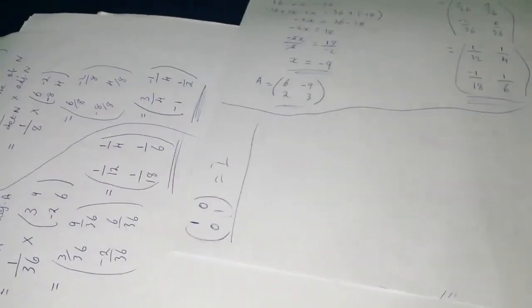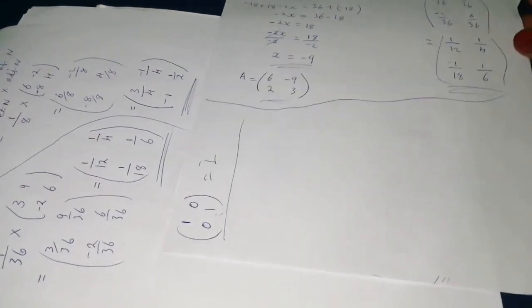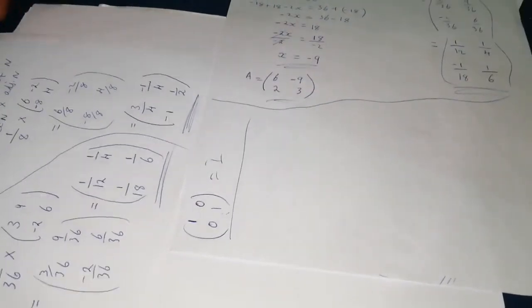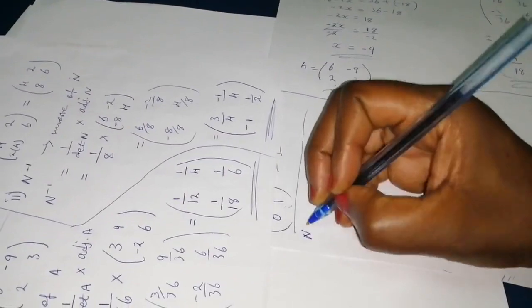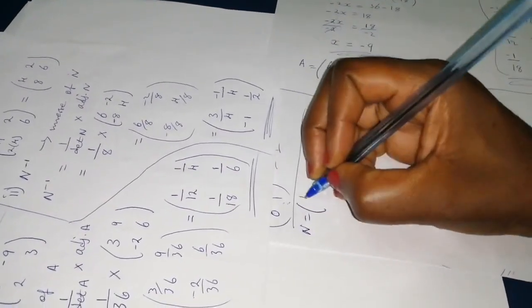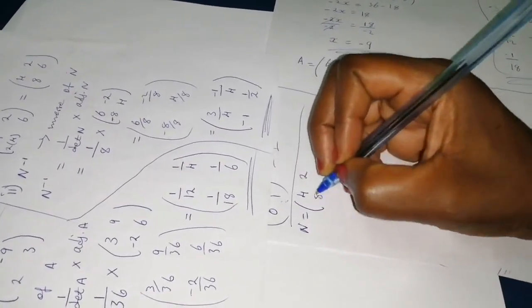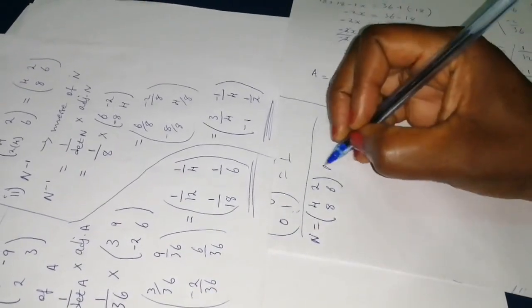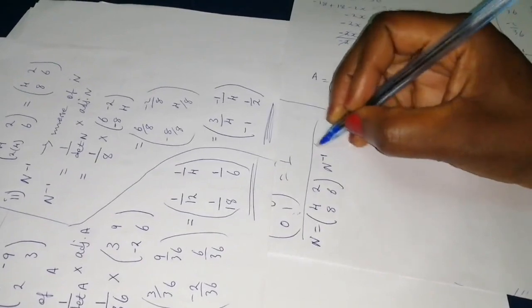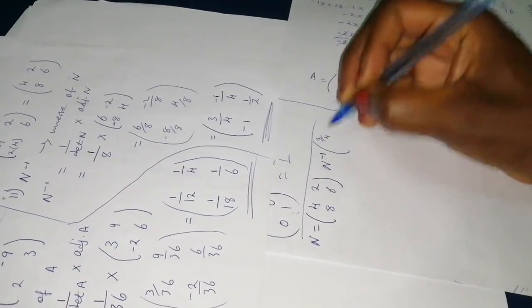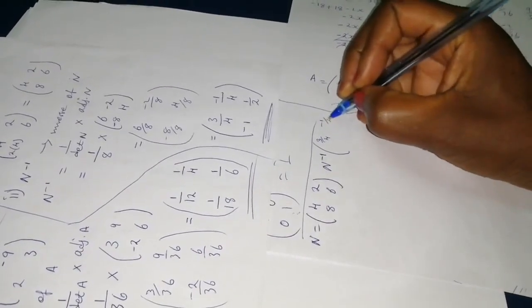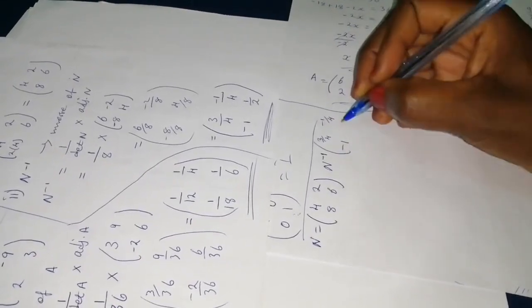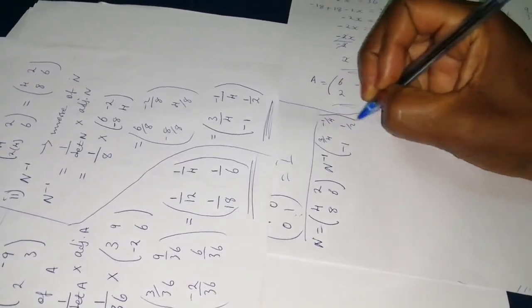To prove that, if we look at the question we were just dealing with, we have matrix N, which is 4 2 8 and 6. Then we found that the inverse of this matrix is 3 over 4, negative 1 over 4, negative 1, and 1 over 2.